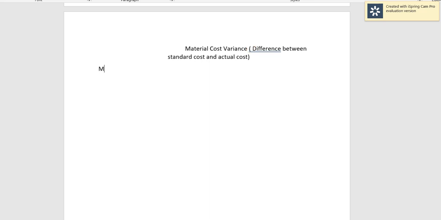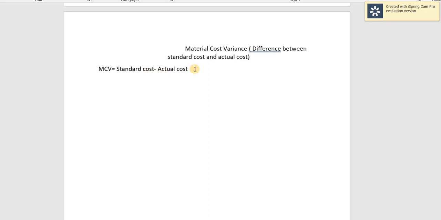So, material cost variance is represented as standard cost minus actual cost.